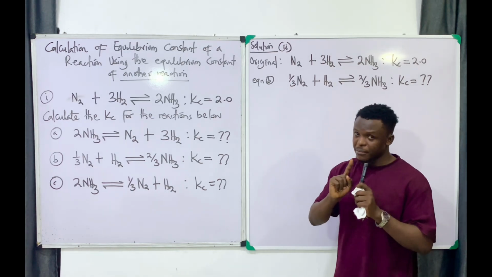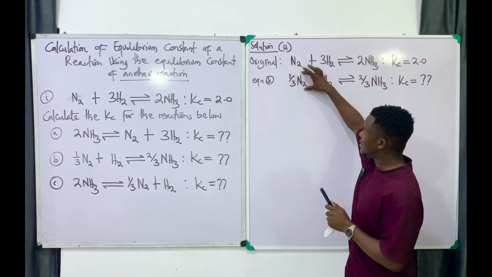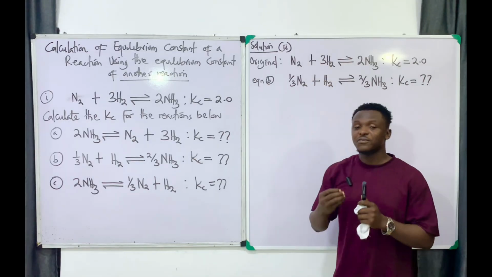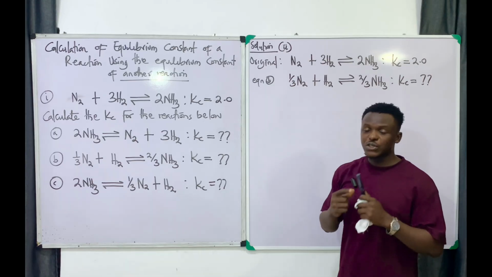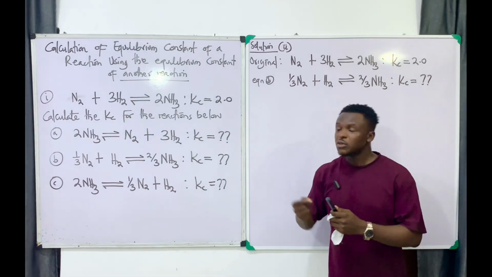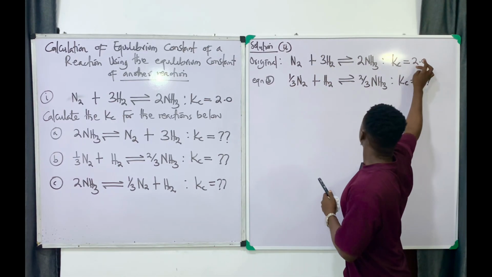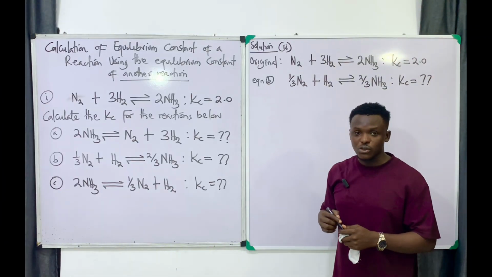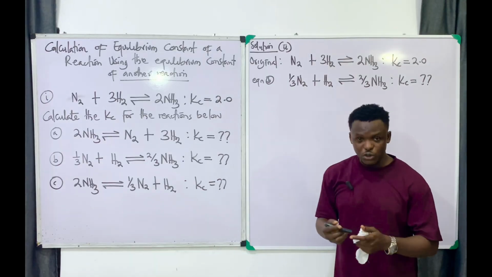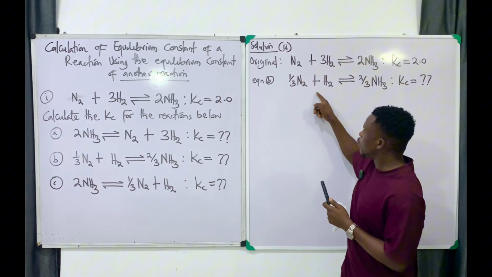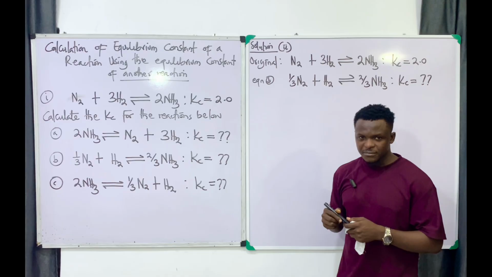Remember, you're not to adjust anything in the equation that you're asked to find its equilibrium constant. Instead, you ask yourself, what can be done to the equation whose equilibrium constant was given to you so that you can get the one you're asked to find, right?